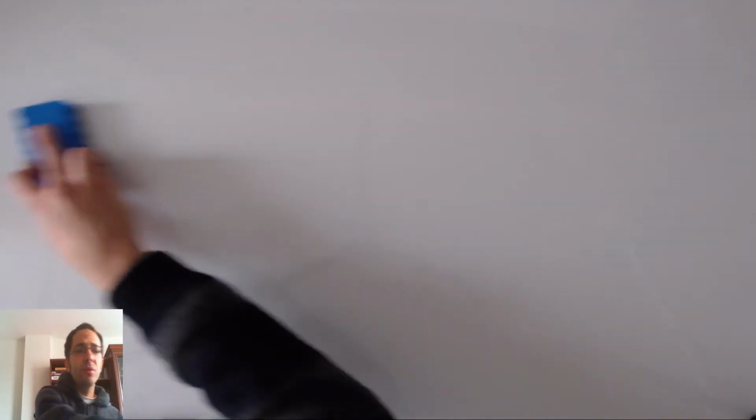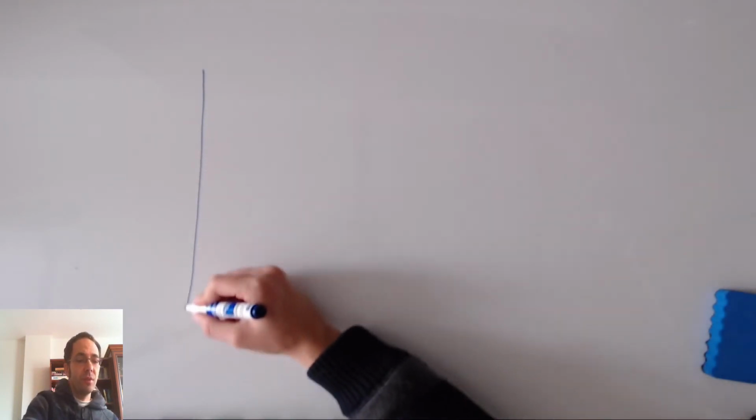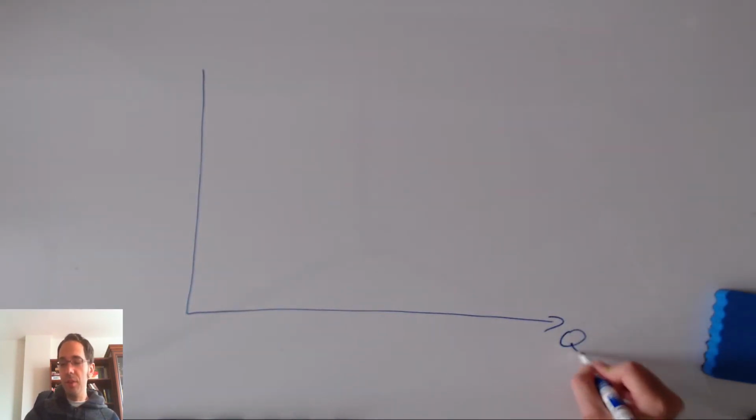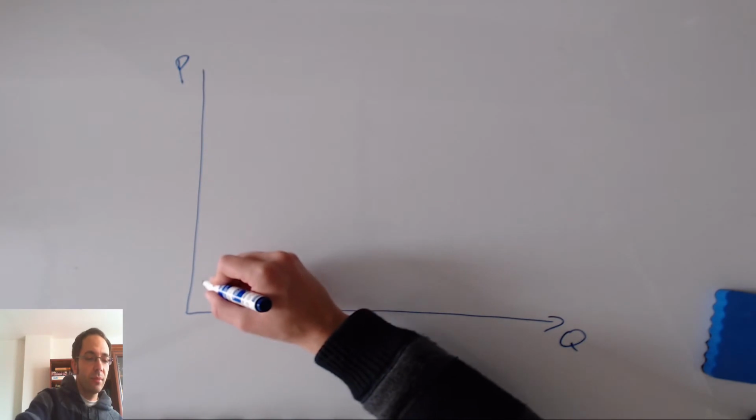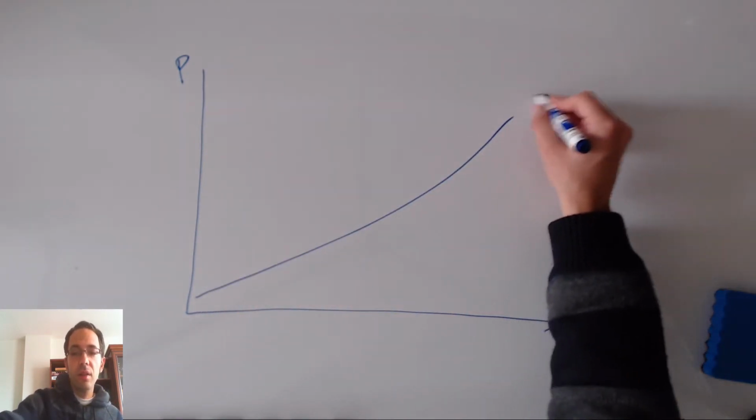A producer is willing and able to sell a product for a given price. This is our definition of supply. So in our example, let's look at the supply curve. It will be something upward sloping, like this, let's say.